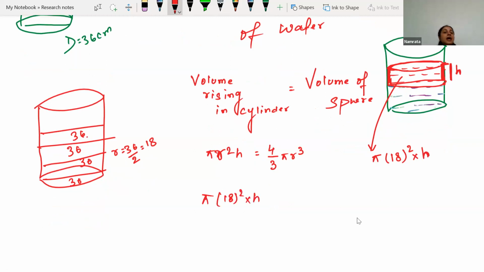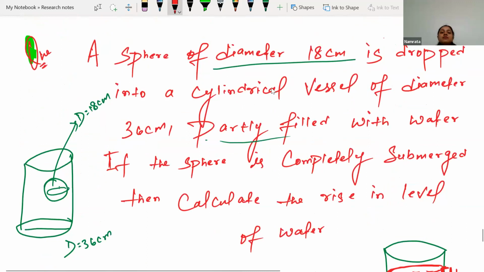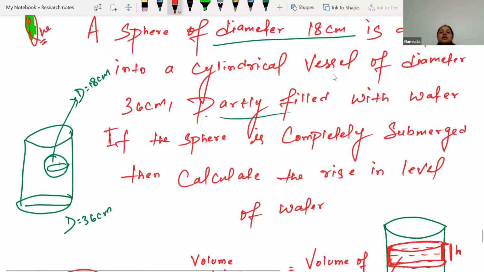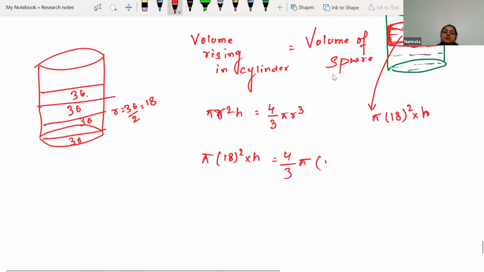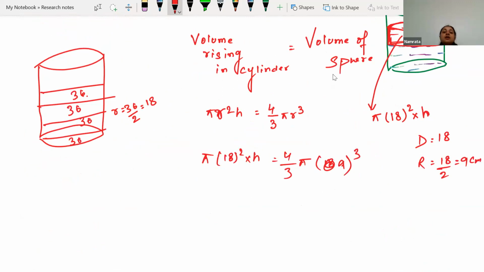H we don't know. H is not the total height of the cylinder. It is equal to 4 by 3 pi r cube. R for the sphere is already given. The diameter of the sphere is 18 centimeter, so we will take the radius, 18 over 2, that means 9 centimeter. We will take 9 cube, and from here we will get the value of h. Now let's see the question.